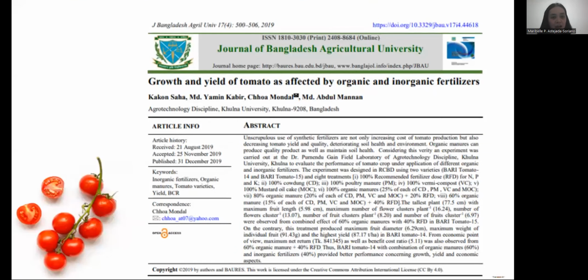So this study came from the agrotechnology discipline, Khulna University, Khulna, Bangladesh, and was published by the Journal of Bangladesh Agricultural University in 2019.